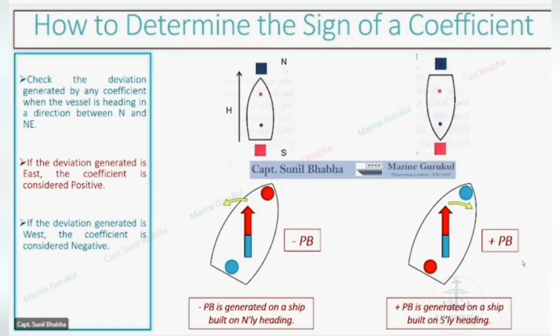Any doubts coming in? Okay, great. Now once you know this, beta, that minus PB is generated on a ship built on a northerly heading, you can directly use this relationship in the questions also. I will show you a question now where this is directly used. So let's move ahead.